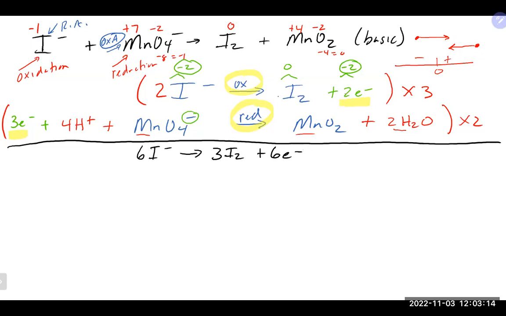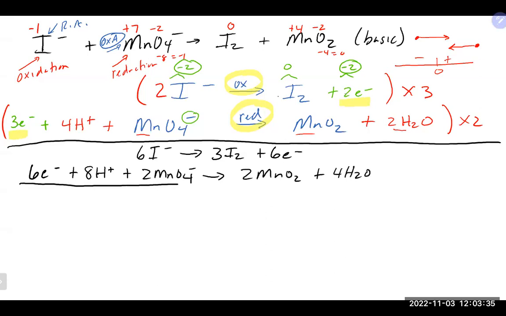Multiplying my 2 to the bottom one is going to give me 6 electrons plus 8 H pluses plus 2 of the MnO4 minus gives me 2 of the MnO2 and 4 waters in this case.